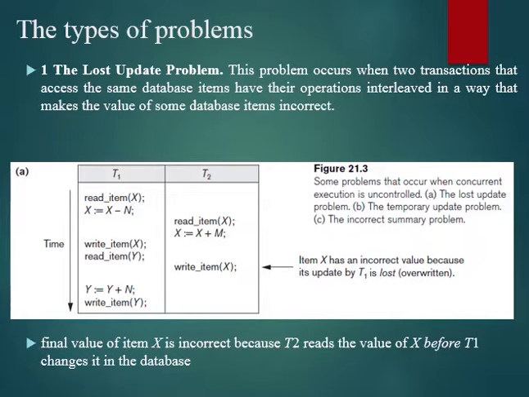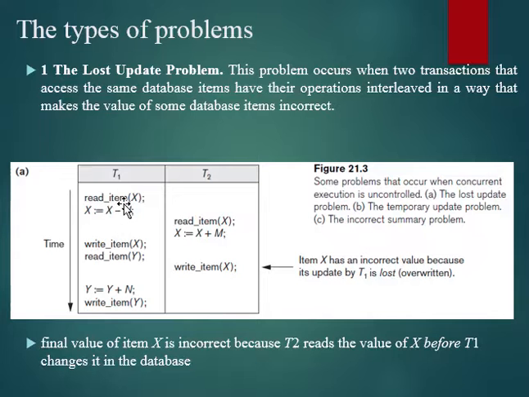Here you can see the operating system or the database management system schedules transactions T1 and T2 according to this time span. The first two statements of transaction T1 are executed at time T0, the start of time: read item of X and X equal to X minus n, executed before transaction T2 begins.